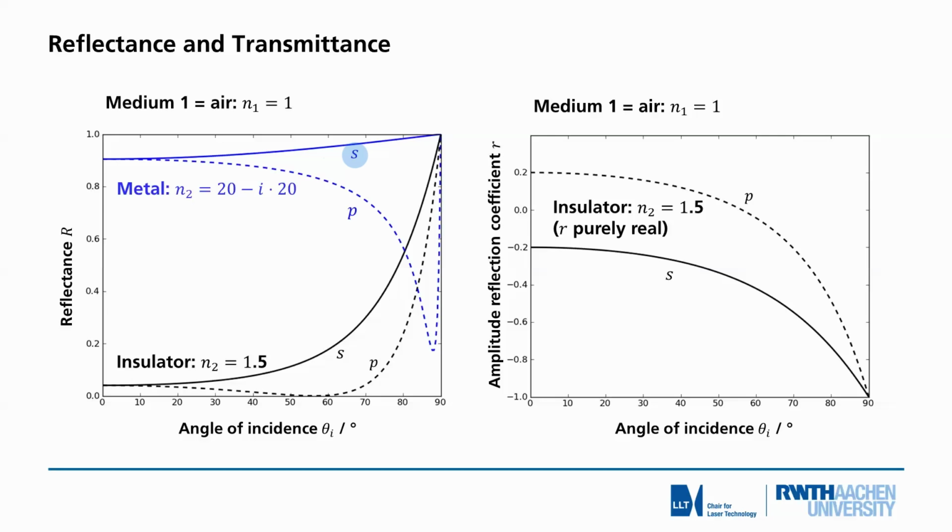You see that this changes very, very little. On the other hand, for the light polarized in the direction of the plane of incidence, you see a strong decline in reflectance up to very high angles, and then we come back to the value of 1 at an angle of incidence of 90 degrees.